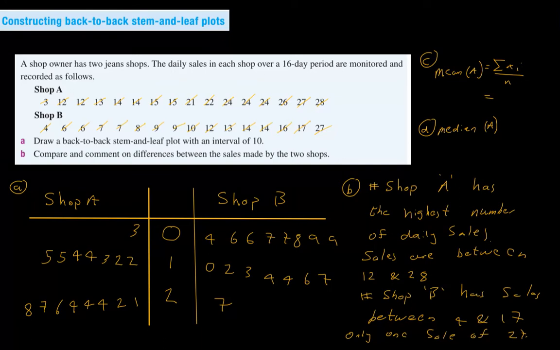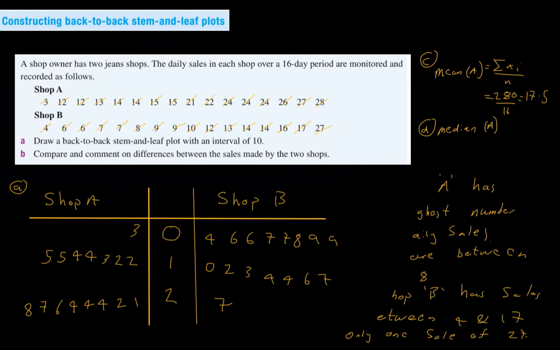So we've got 3 plus 12 plus 12 plus 13 and so on. We should get 280 divided by the number, which is 16, and that should give us a mean of 17.5. Now the median should be close to the mean because there's not a huge amount of variation in this data, and we've got clustering.